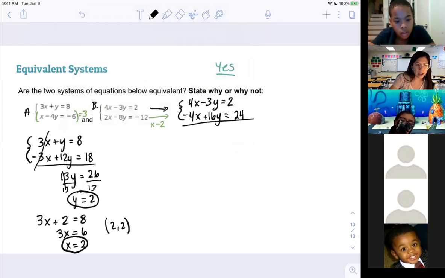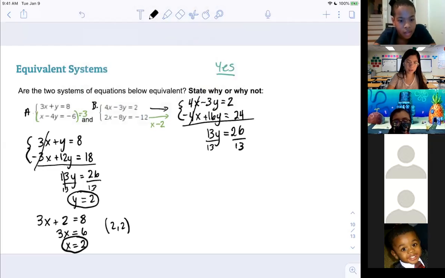Okay, now I add. Negative 3 plus 16 gives me 13. Good, so I got 13y, and then 24 plus 2 is 26. Divide by 13, divide by 13, and sure enough, it's the same.